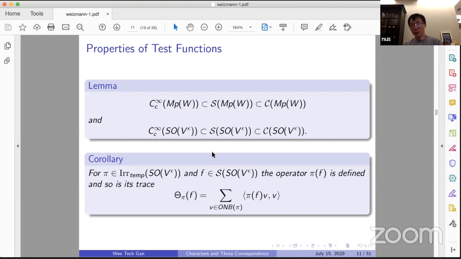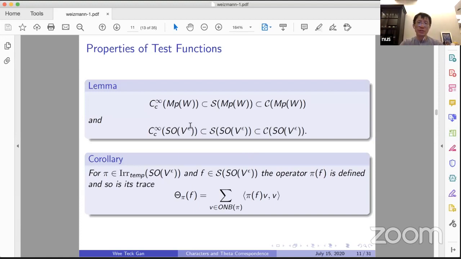If I had not worked in the equal rank case, where one group is bigger than the other, I would not be able to have this statement that both spaces are contained in the Harish-Chandra Schwartz space. It would be the case for the smaller group, but not for the larger group. Anyhow, I just consider this case in this talk.